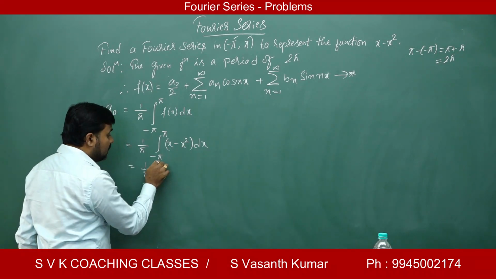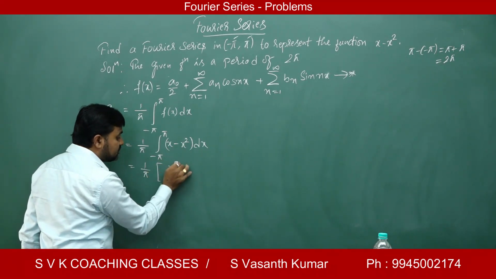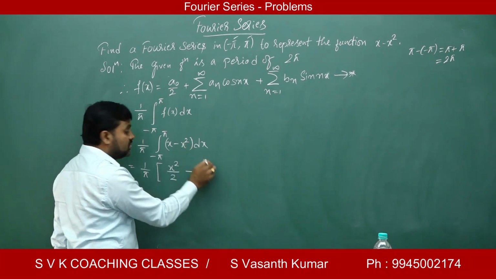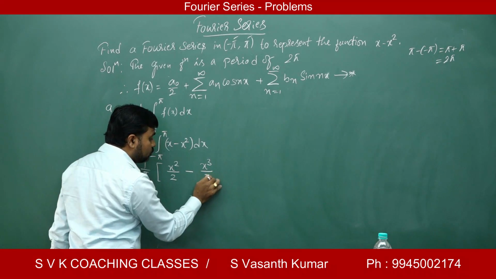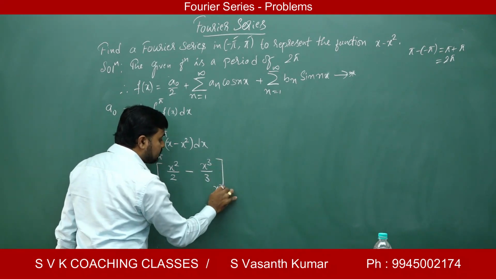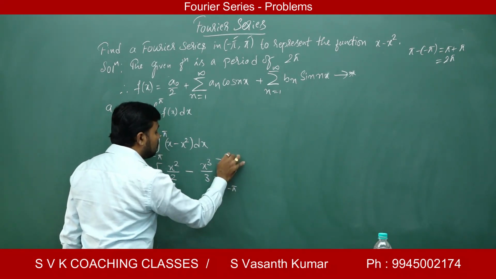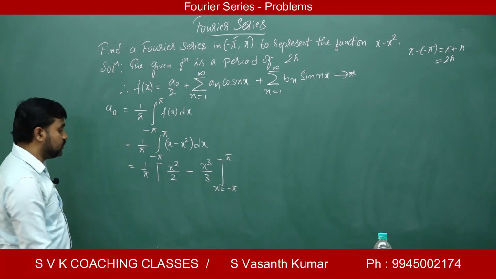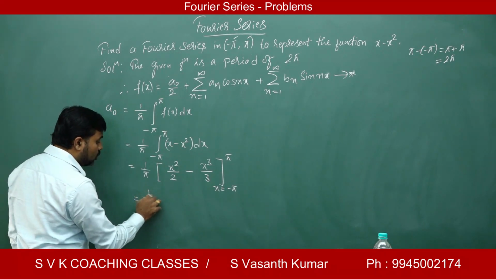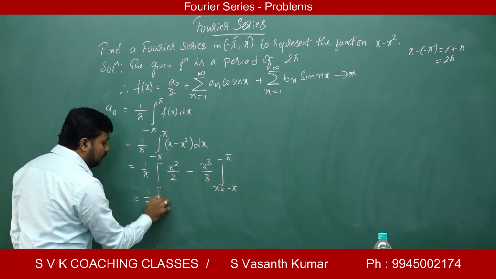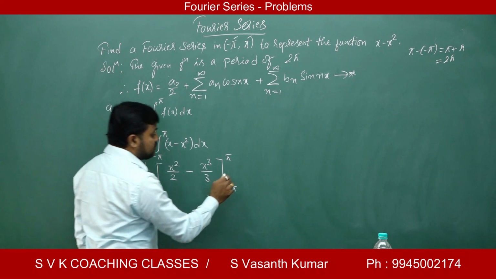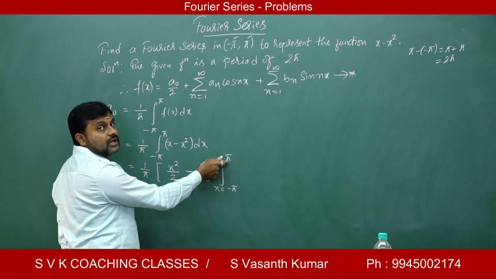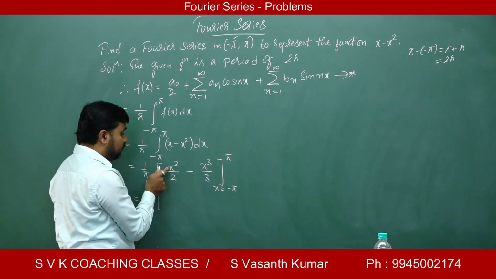So what are you going to get? Integral of x is x square by 2 minus integral of x square is x cube by 3, with limits x equal to minus pi to plus pi. So this is equal to 1 by pi, upper limit. Substitute. You know how to substitute the limits here: always upper limit minus lower limit for any function.